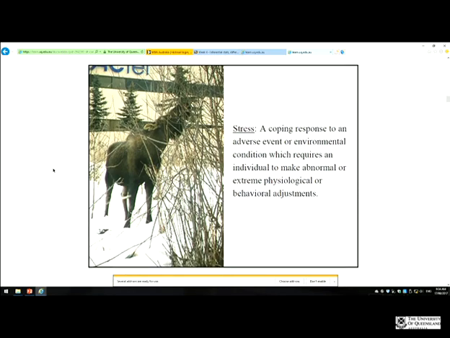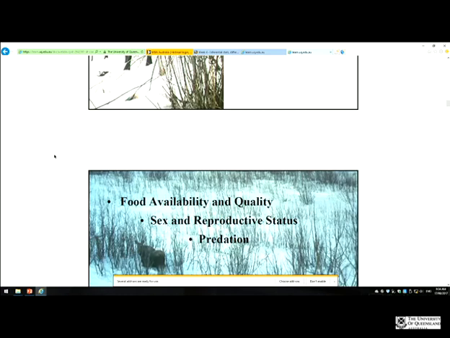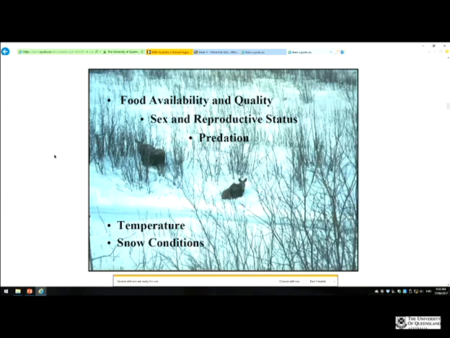So stress, I guess this is an interesting example because then, you're going down into the biology of what's going on. So here you can see the moose right up in amongst urban development in the city, and we want to know what sort of coping response is happening as a result of living in that environment. So there's a whole range of things that could be affecting stress.